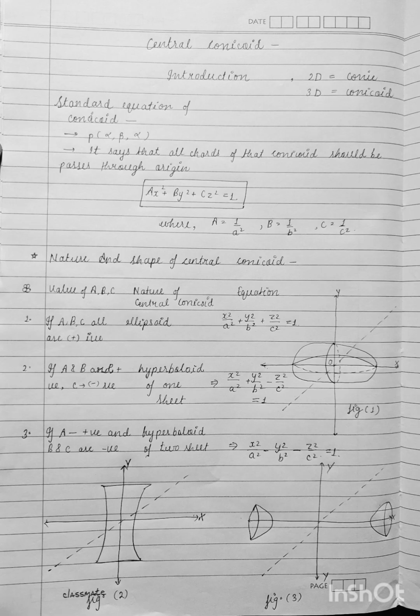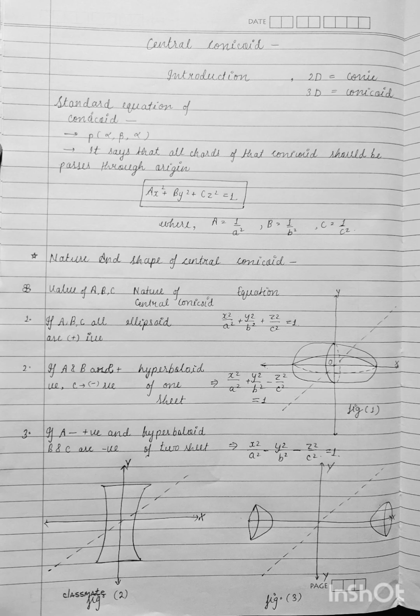Here also, in figure number 3, it is a 3D figure that has the x-axis, y-axis and z-axis as well. So that is all about the 3 natures of the central conicoids.